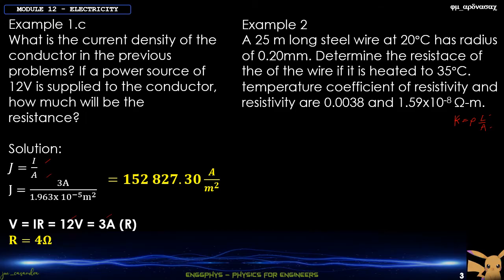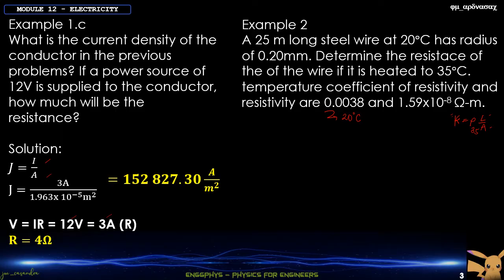But the given values are for the 20 degree Celsius condition of the wire. What I need here is the rho at the 35 degree condition. So we cannot use this equation first. So what will I do?